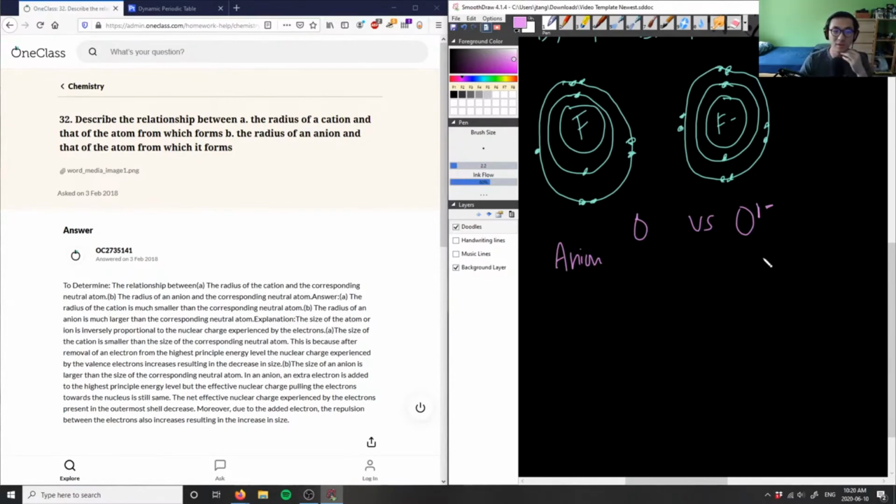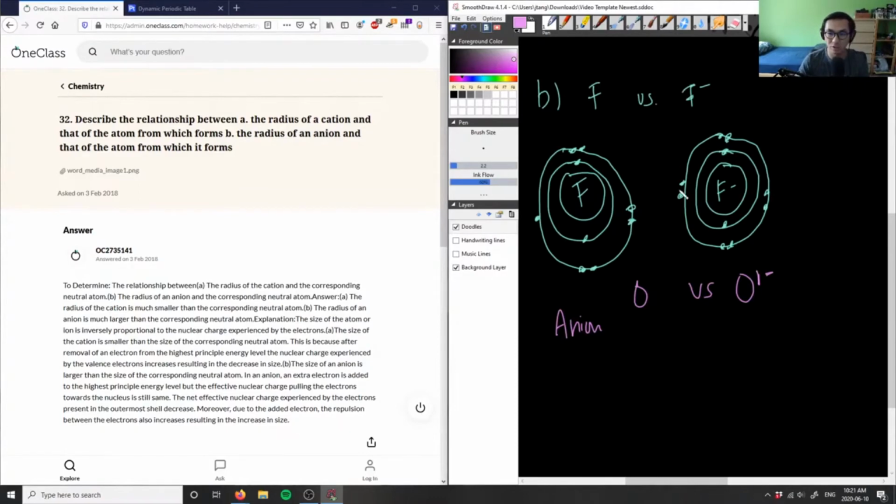It really depends on whether or not it satisfies that full shell, because if it does, it tends to be a little bit smaller due to the shielding and the effective nuclear charge of the atom. So in this specific case, the anion is actually smaller because it has a full shell.